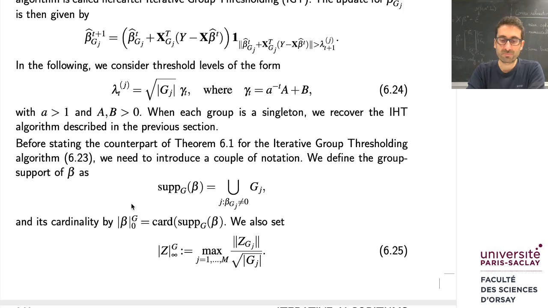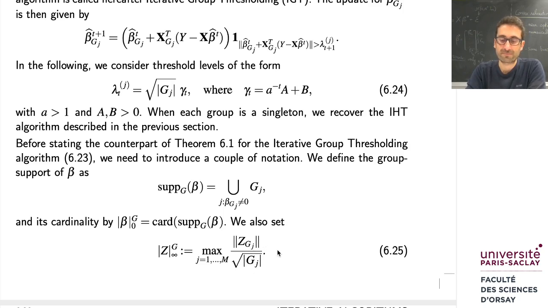We will denote by the beta 0,J the cardinality of this group support. And we introduce this norm for z, which is the maximum of the norm of z restricted to the group j divided by the square root of the cardinality of j.